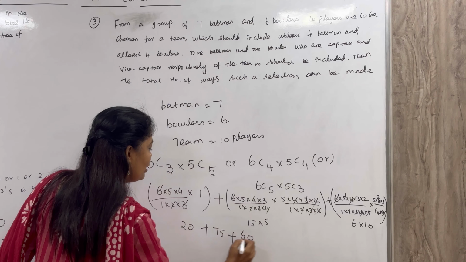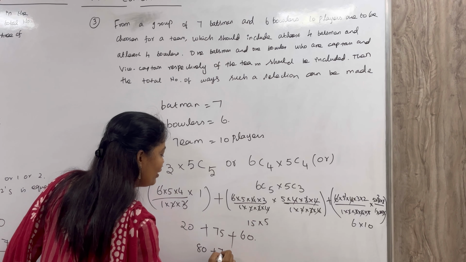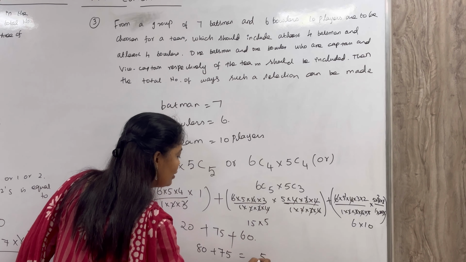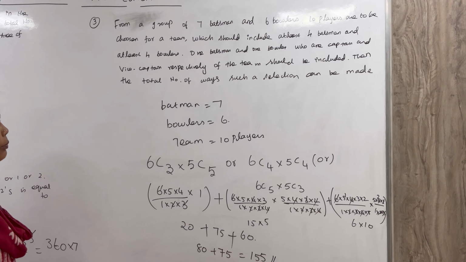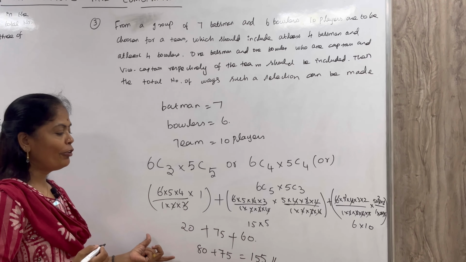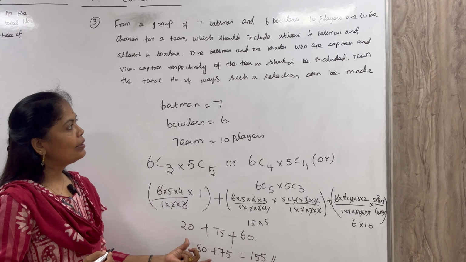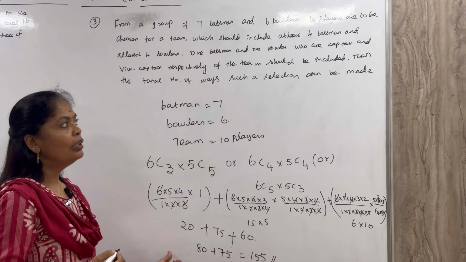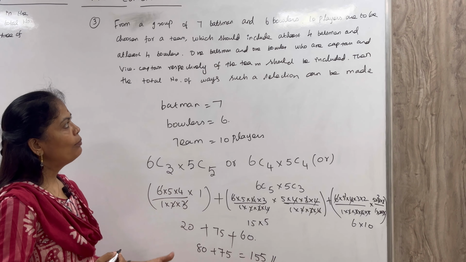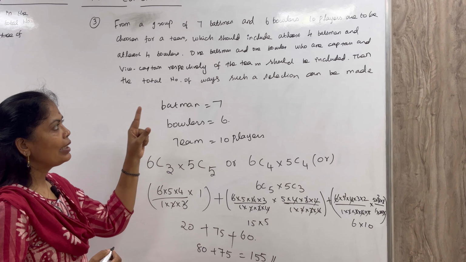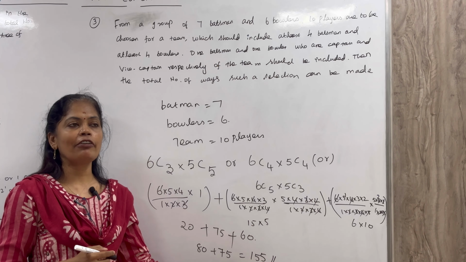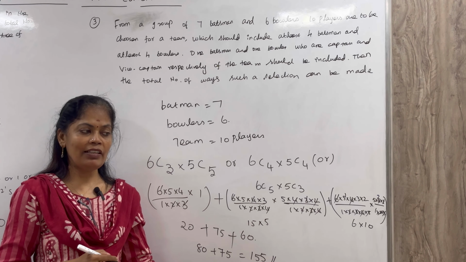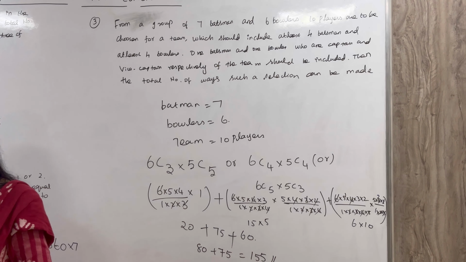So add all the values: 20 plus 75 plus 60. So the answer is 155 ways. So what is the total number of ways? There are 155 ways to select a team that must contain 10 players, with the condition at least 4 batsmen and at least 4 bowlers. There are 155 ways. Then we will see the next problem.